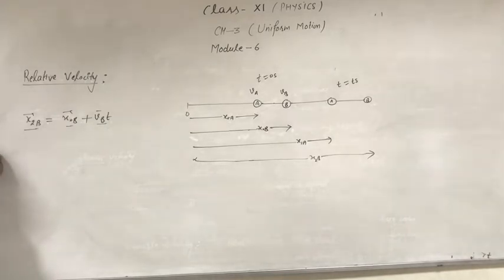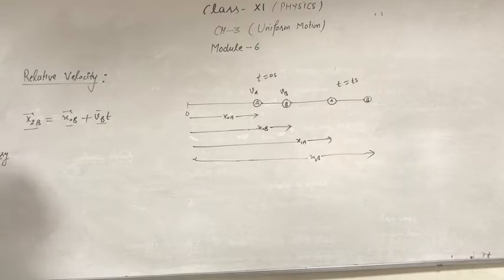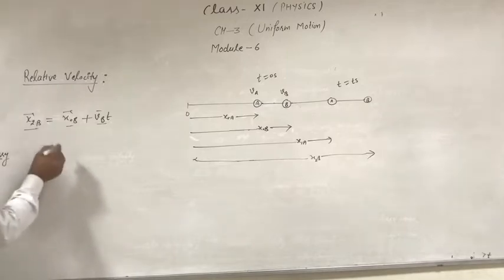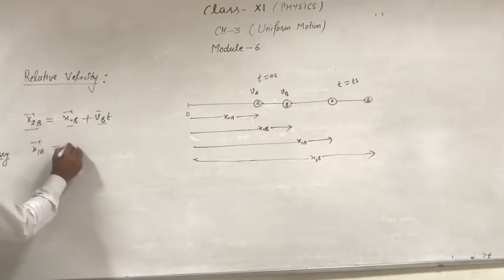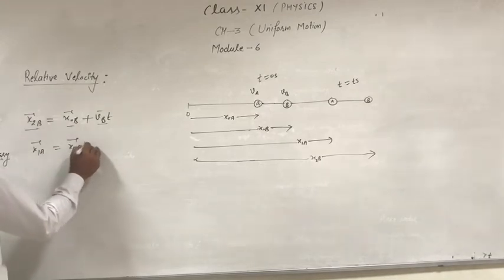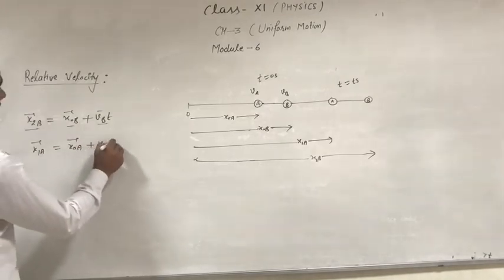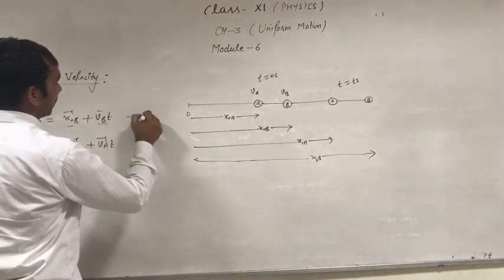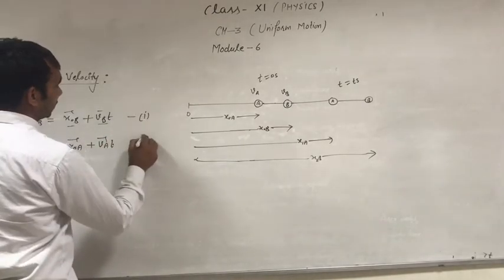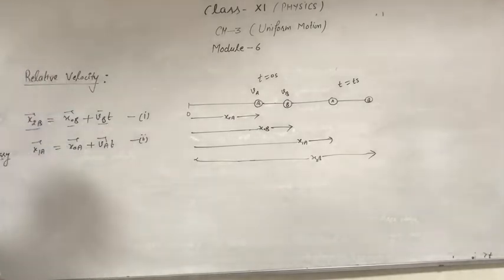Similarly for A, x1A is equal to x0A plus VA into T. This is equation first, this is equation second.